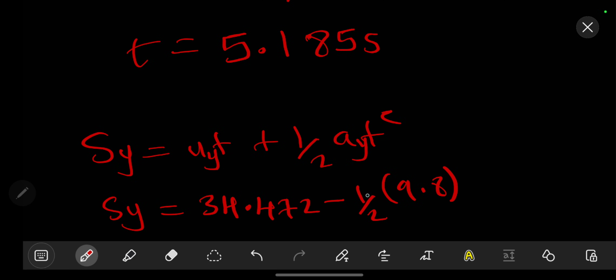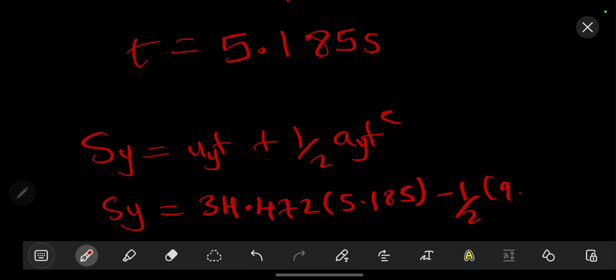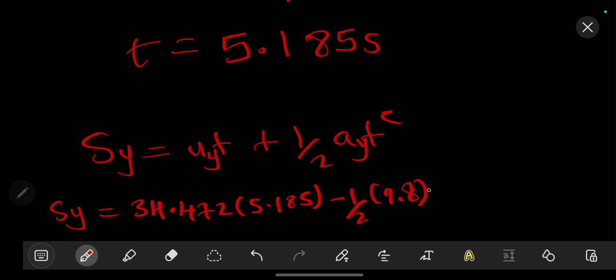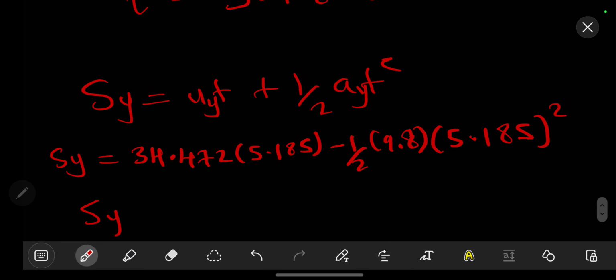So let's correct things. We have 34.472 times 5.185. Then minus half times our acceleration 9.8 times our time, which is 5.185, and we square this. So our height in the y should be equal to 34.47 multiplied by 5.185.